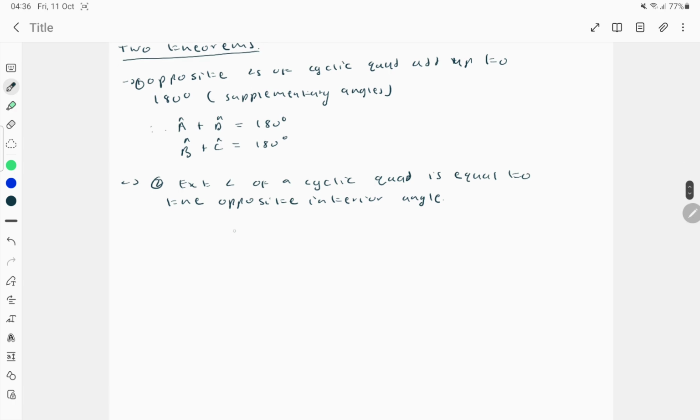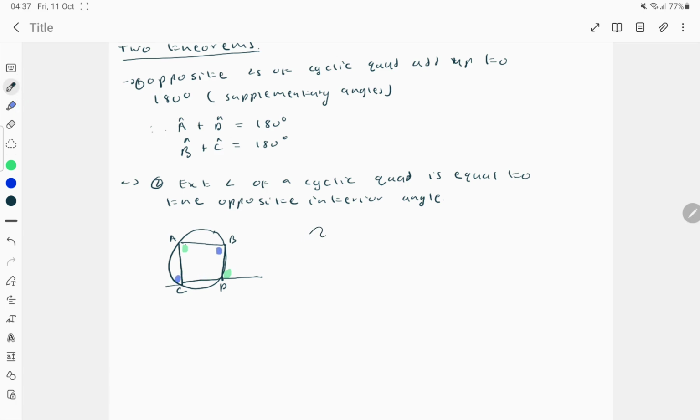Okay, so here is your shape. This is A, B, C, D. So this angle is equal to that. And if I was on the other side, then this one would be equal to that.